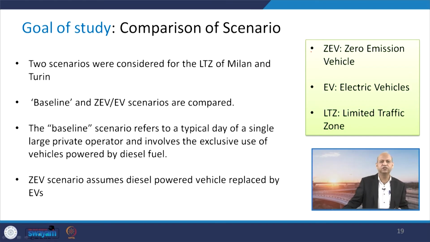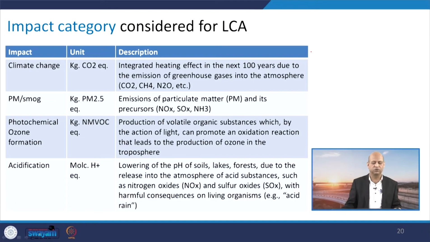So, the baseline scenario is based on, in those cities, a single private operator which is taking care of these logistics related issues, okay, for goods and luggage transfer. So, that scenario has been taken, and diesel powered vehicles are basically replaced by EVs. So, we have to see the difference, meaning if we remove these diesel related vehicles and introduce the EVs, then what will be the scenario change, or what will be the kind of impact.